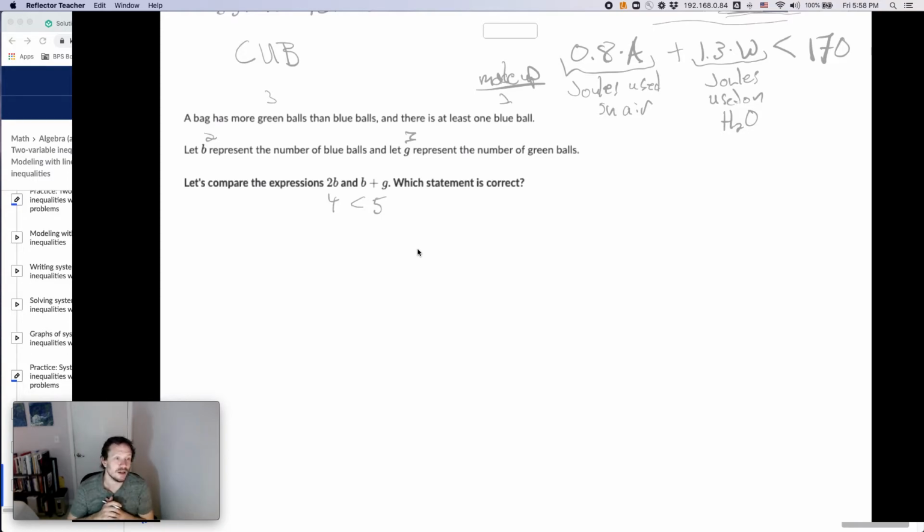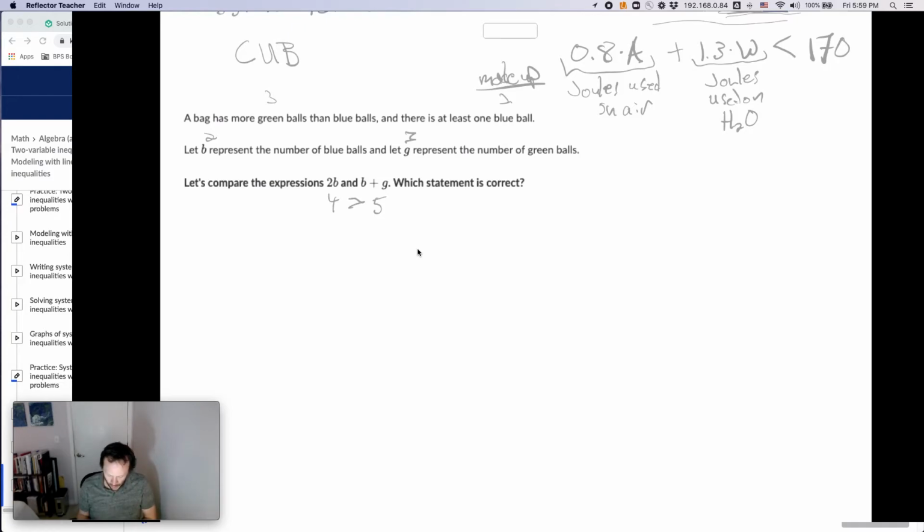Not definitely. I just made those numbers up, remember. But does it mean that B plus G is never greater than 2B? Yes, it does. We have a counterexample to this claim.